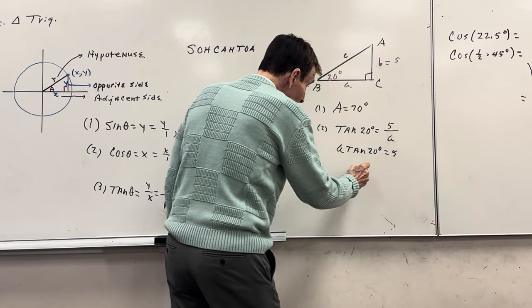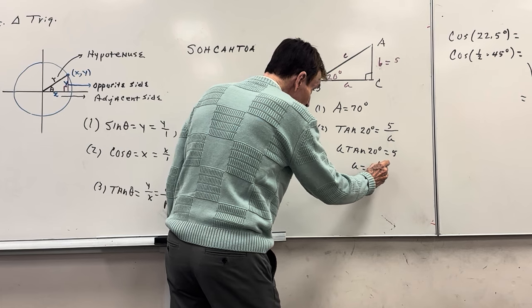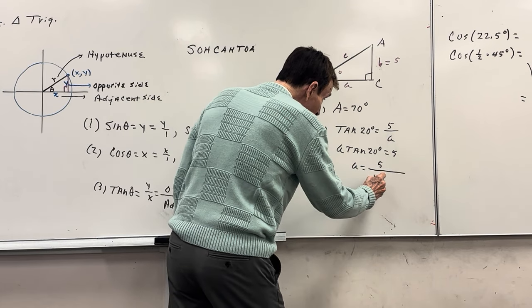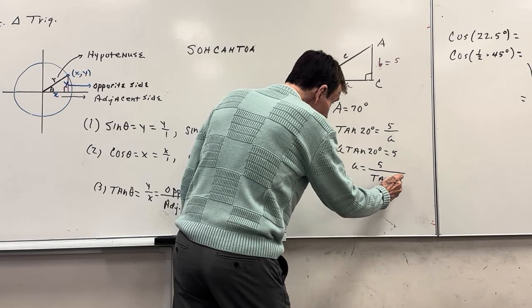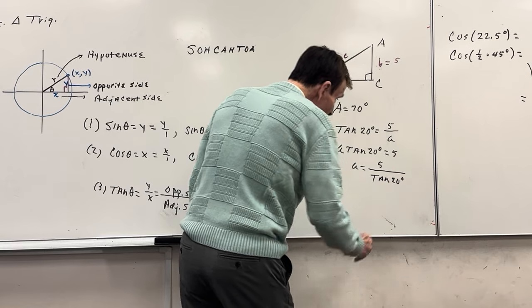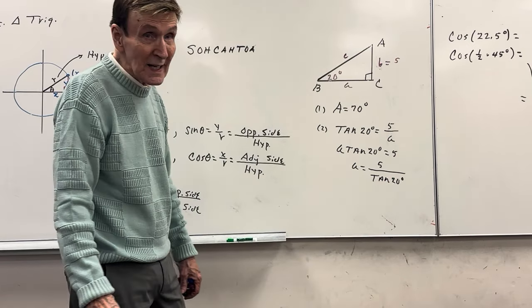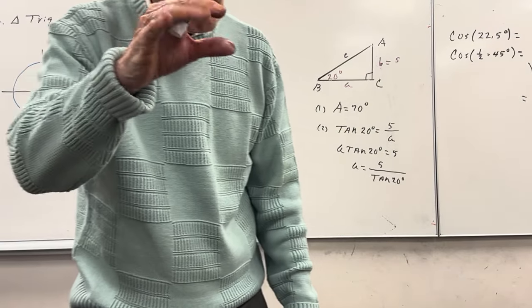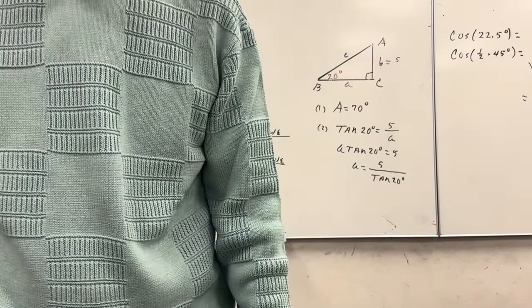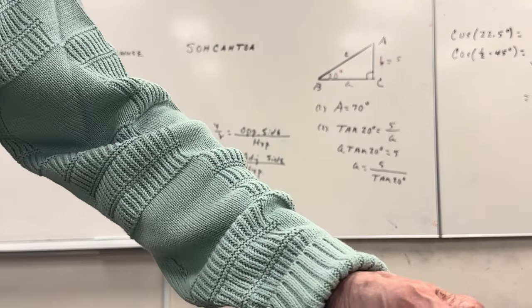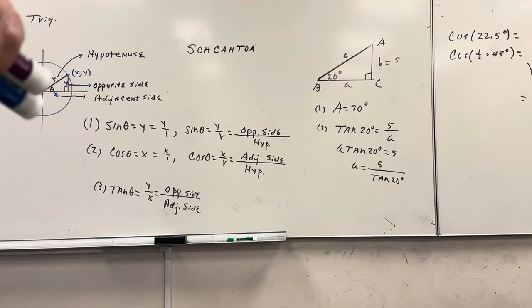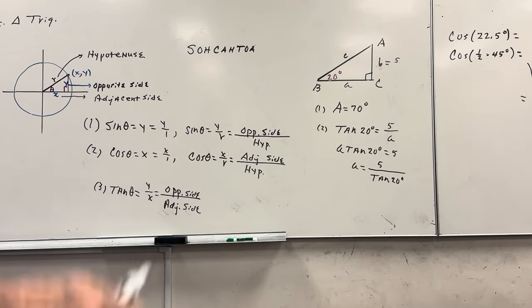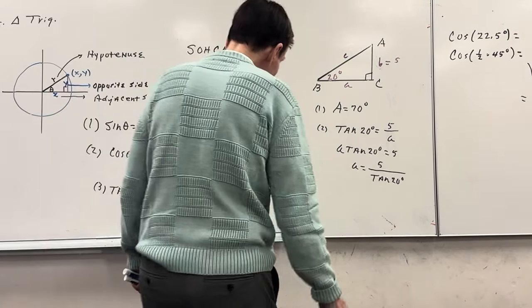And I think a will be equal to, this is where I would need help, 5 over tan 20. If I had a calculator, I could just create that and find the value. Does anyone have the value? No, okay. So we'll just leave it like that.